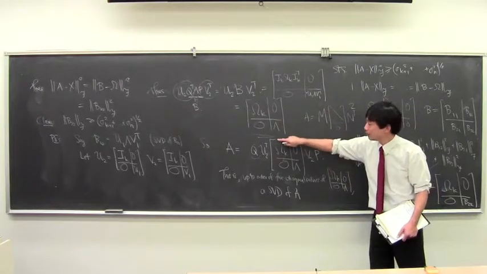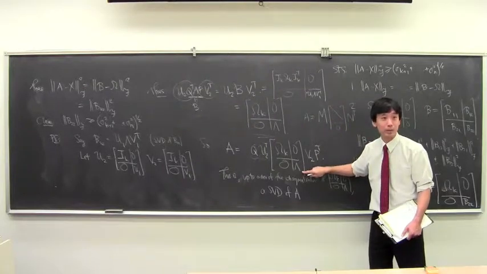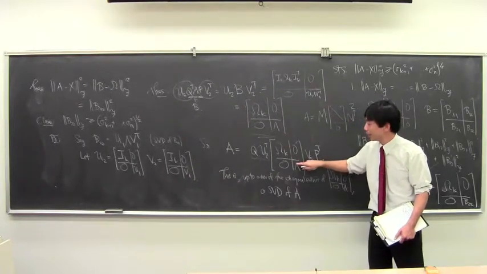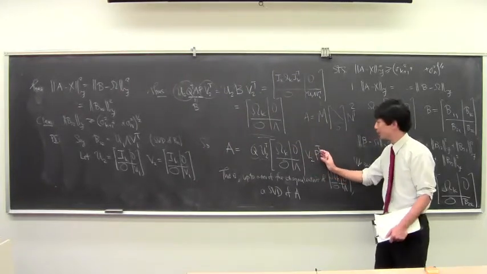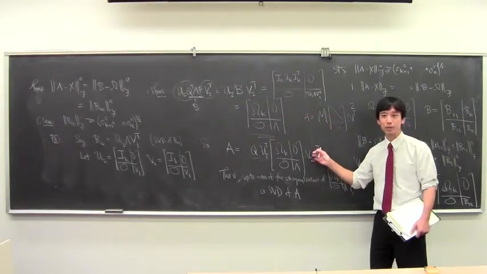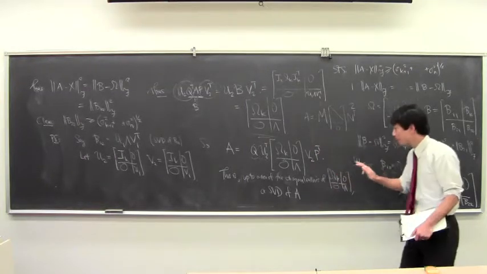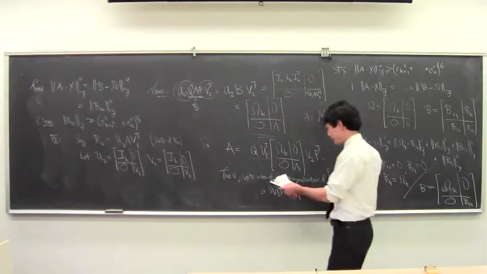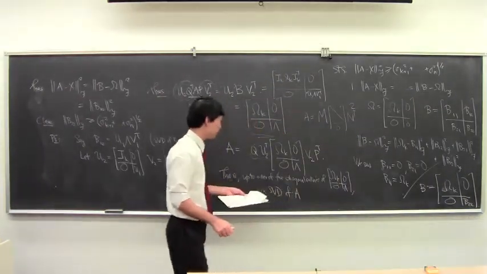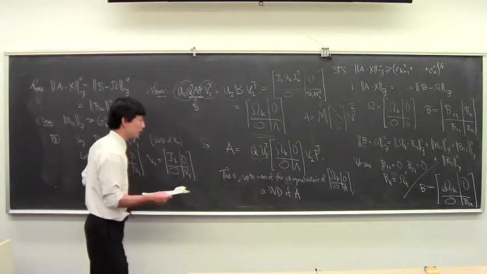Certainly within each block, these are decreasing, and within this block they're decreasing. But maybe some of the guys down here are bigger than some of the guys up here, and so they need to be switched over. You'd have to switch the rows here to make it a true singular value decomposition. Okay, so this is basically a singular value decomposition of A.